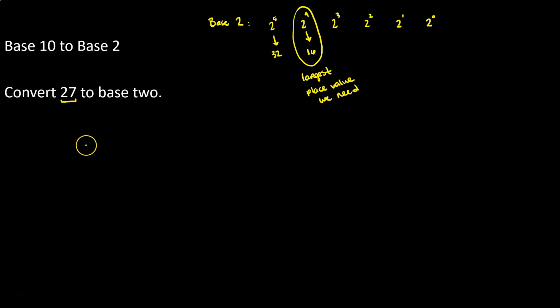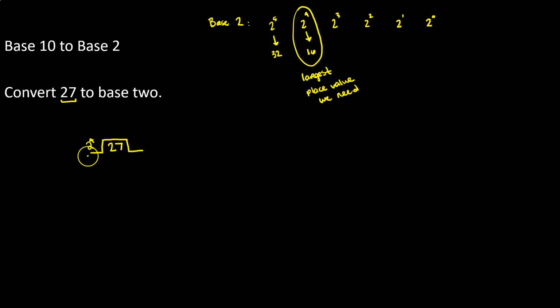There's a cute little way to organize this, and that is starting with our number in base 10 and then drawing a little house around it. We put the place value for the new base on the left, and then we write this like division.